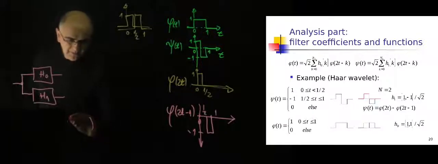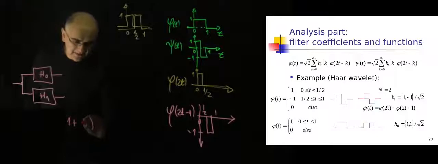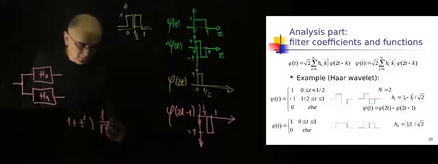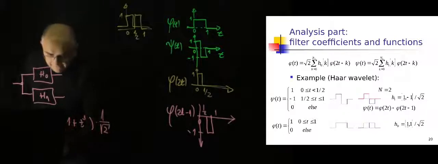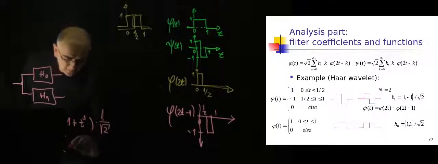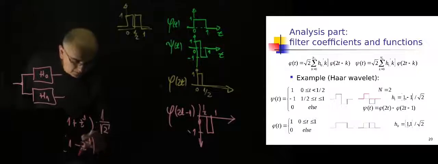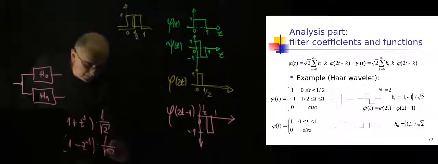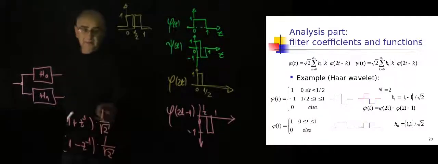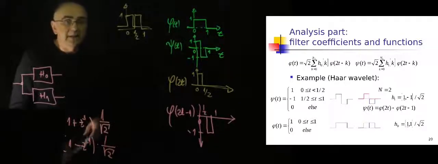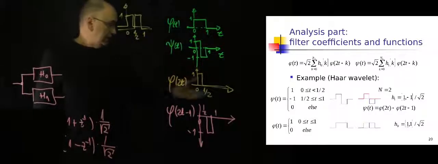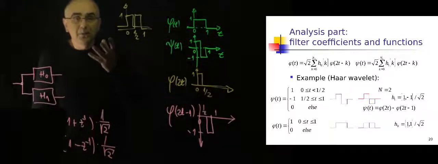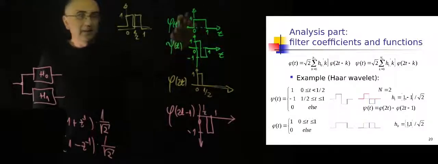I'm going to put it this way: H0 equals 1 plus z to the -1 times 1 over square root of 2, and H1 equals 1 minus z to the power of -1 times 1 over square root of 2, something that we have already seen. And actually it corresponds to this way of how to construct the wavelet and the scale function.